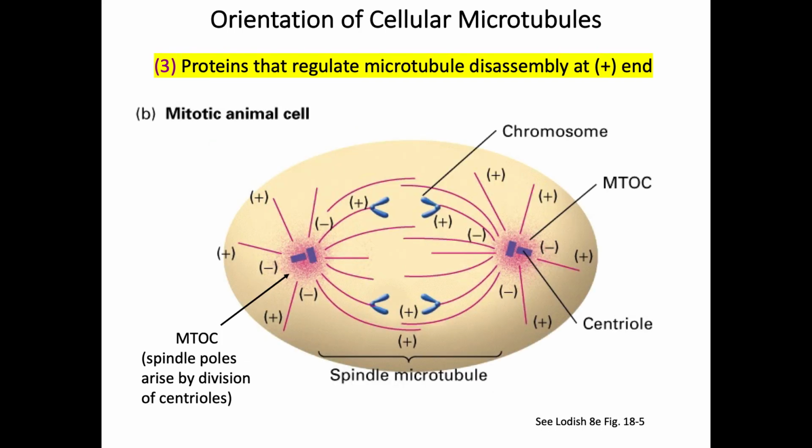So after that, we have seen this picture, and your natural question could be why you need the disassembly at the plus end. This is the reason. Remember that when a cell is dividing, particularly in mitosis, your microtubule organizing center is on each pole, the centrioles divided.